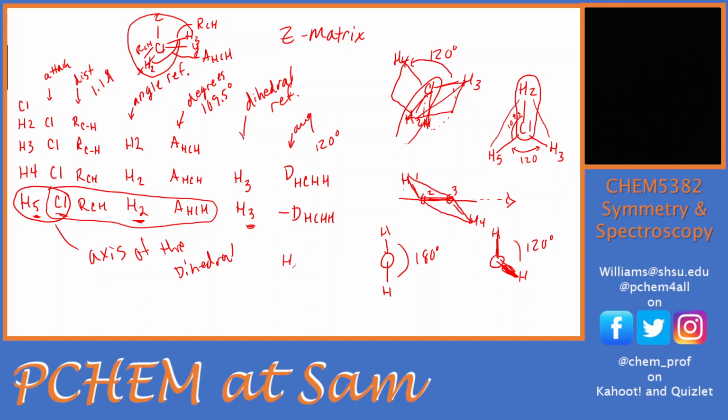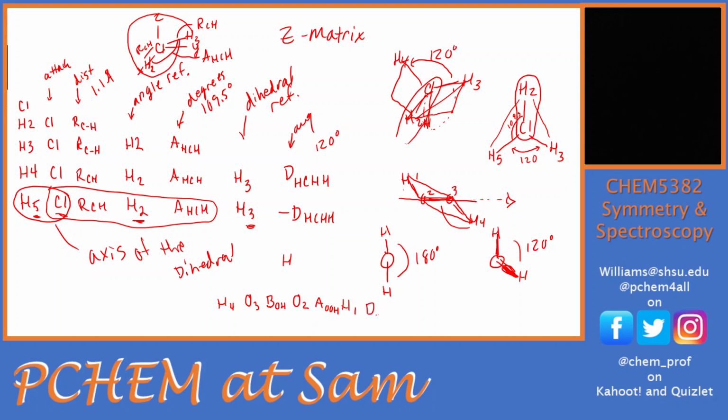And so for the H4 line, we had an H4 bonded to O3 with a bond length, the bond length of OH, and then an angle with O2. Does everybody follow me so far? An angle with O2. We're looking at H4 here, so the angle with O2 is the angle OOH, and then the dihedral with H1.